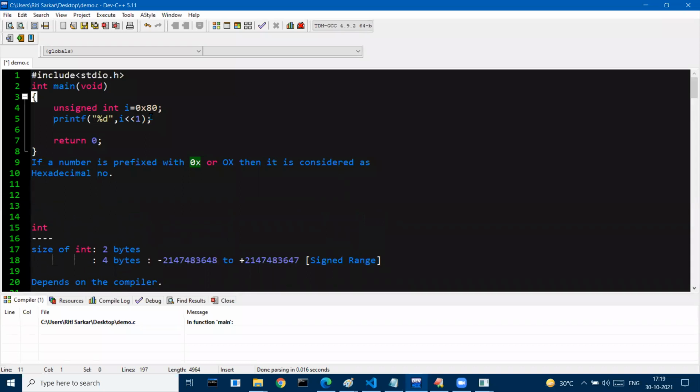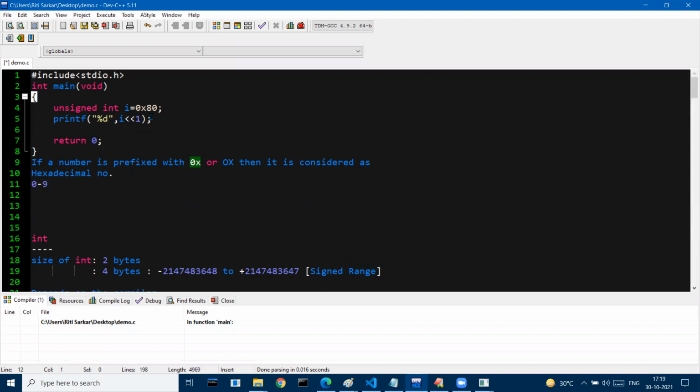Hexadecimal number means what, guys? 0 to 9 same as decimal. After that we have A, B, C, D, E, F. You can think small a or capital A. Both are allowed.